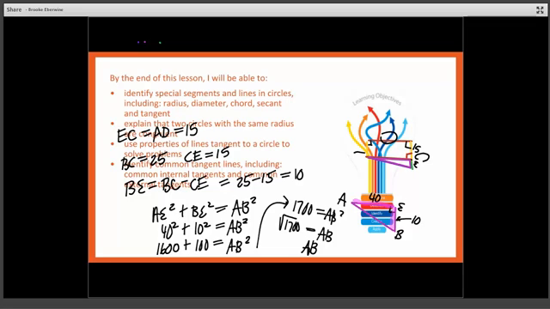And that gives me approximately 41.2 inches. So there is an example using common external tangents.